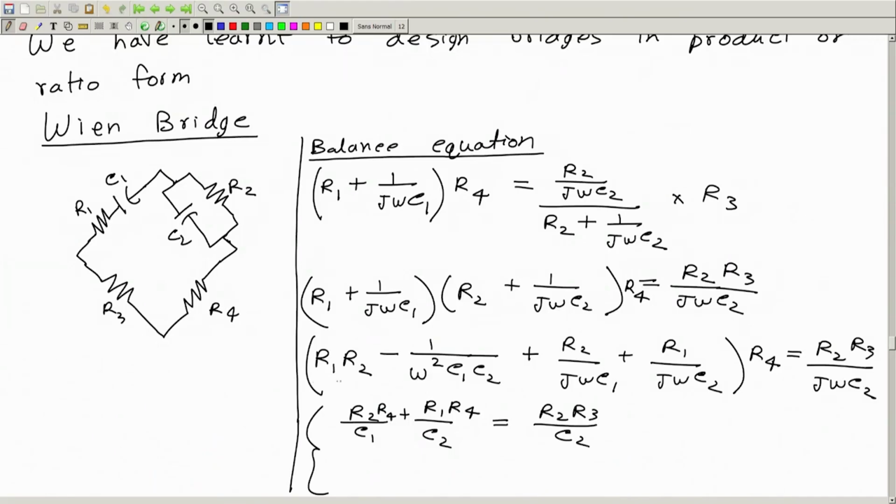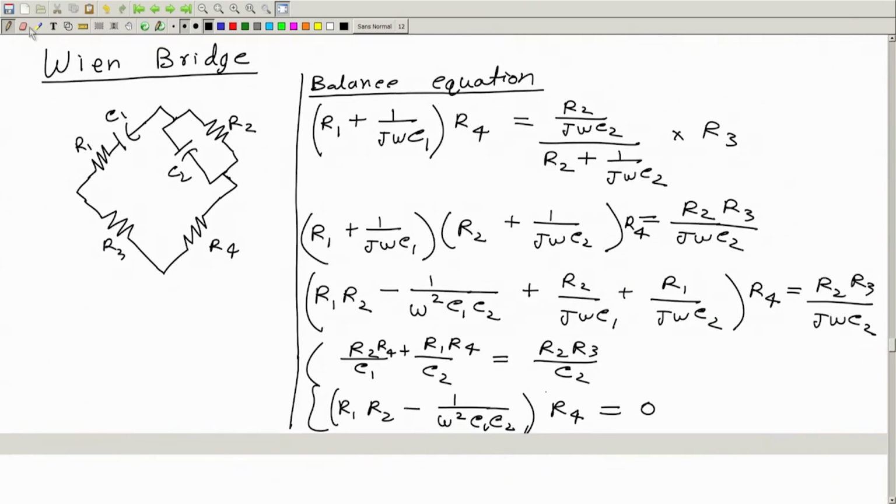And then from the real part, the left hand side is R1 R2 minus 1 over omega square C1 C2 whole multiplied by R4. Right hand side, the real part is 0. Okay.